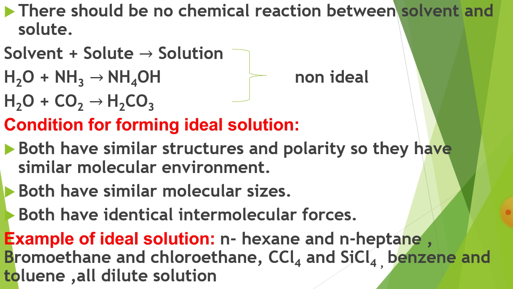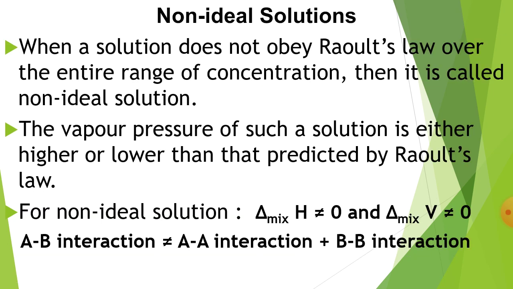One more thing you have to know: nearly all dilute solutions also behave as ideal solutions. Next, non-ideal solution. When a solution does not obey Raoult's law over the entire range of concentration, then it is called a non-ideal solution. For this solution, the vapor pressure is either higher or lower than predicted by Raoult's law.